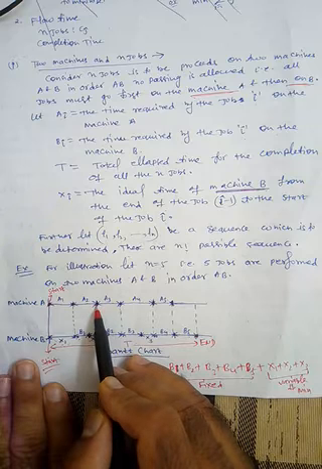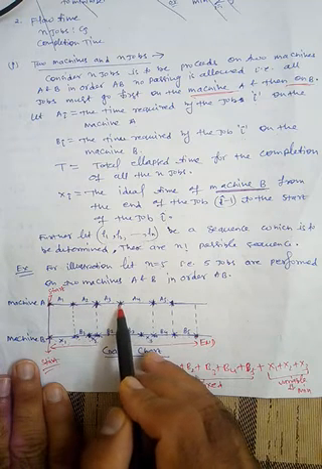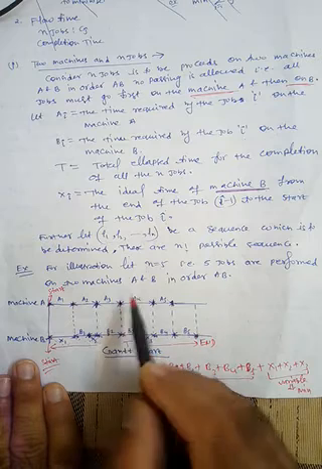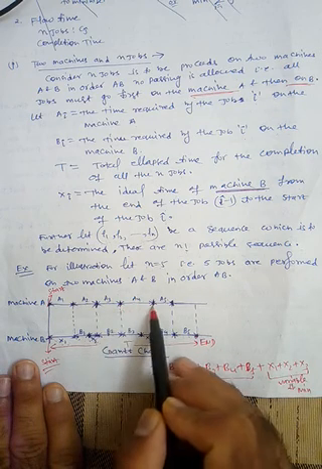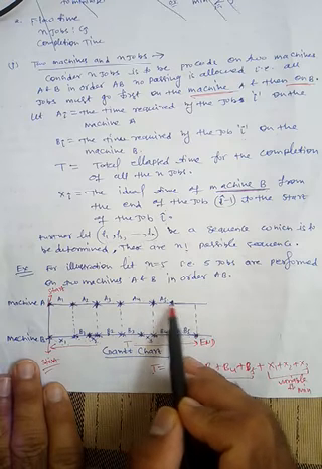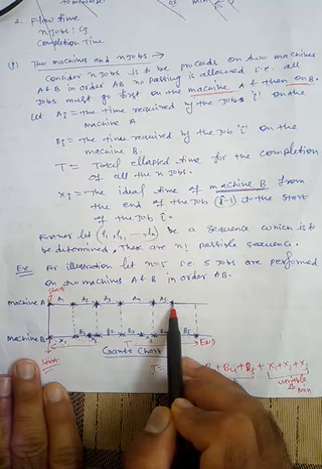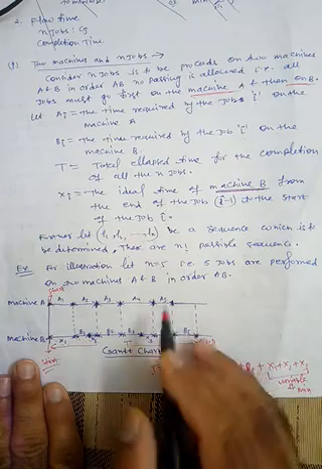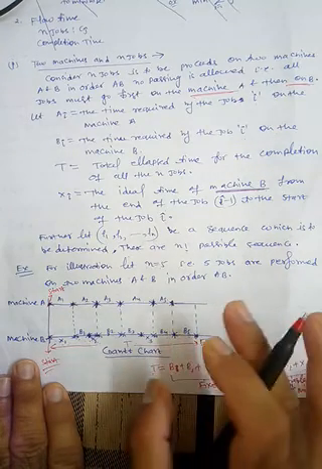Then the third job will start, and this will take A3 time and finish at this point. Then the fourth job will start, and this will take A4 time and finish here. Then the fifth job will start, and after A5 time this work will be finished. Now from here onward, machine A is in idle position, that means in rest position.